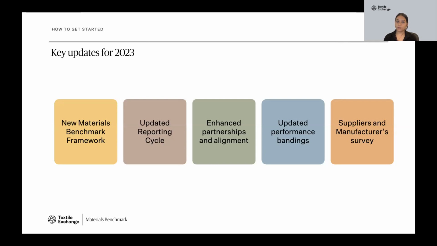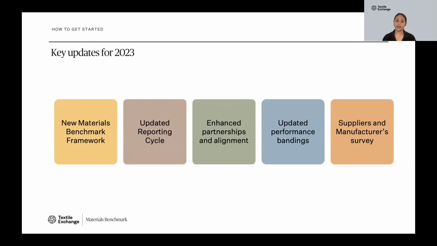Although the 4 performance bands, that is level 1 developing, level 2 establishing, level 3 maturing, and level 4 leading, will be called the same, please note that the criteria to achieve them have been updated. And if time allows, my colleague Haley will talk more about this later in the session today.